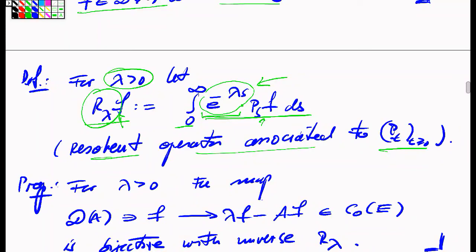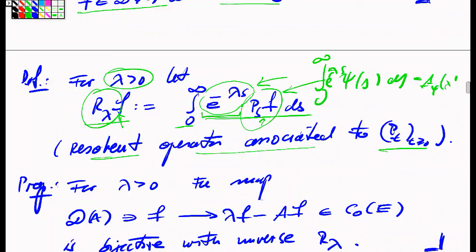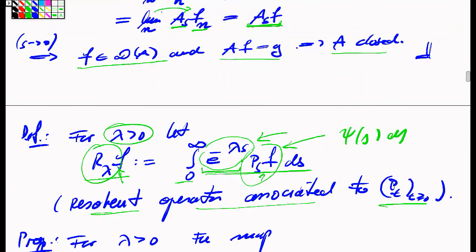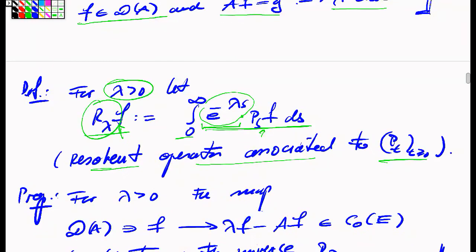If we were just in one dimension, we could replace this notation by some real valued function psi of s. So if we consider the integral from 0 to infinity of e to the minus lambda s psi of s ds, this would be exactly the Laplace transform of this psi function evaluated at the position lambda. So we see that this resolvent operation is basically a Laplace transform of the semigroup with respect to the time parameter. Okay, that's the resolvent operator.